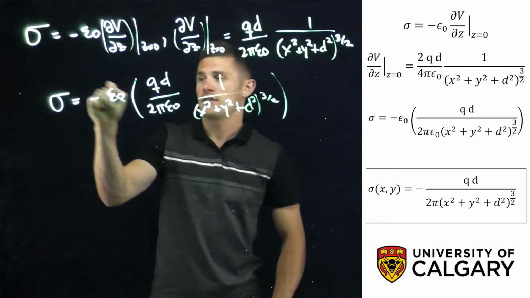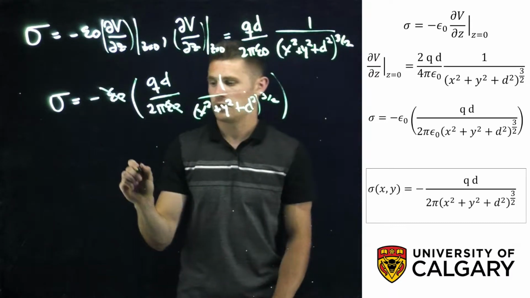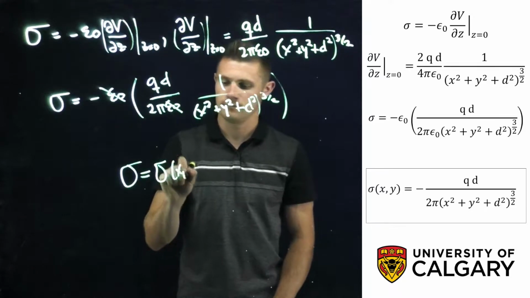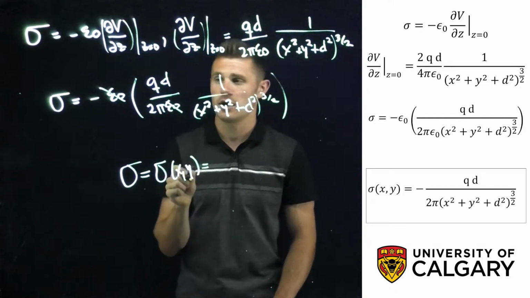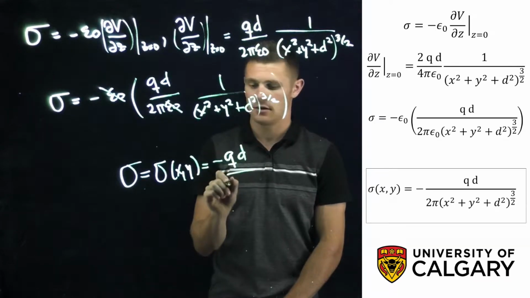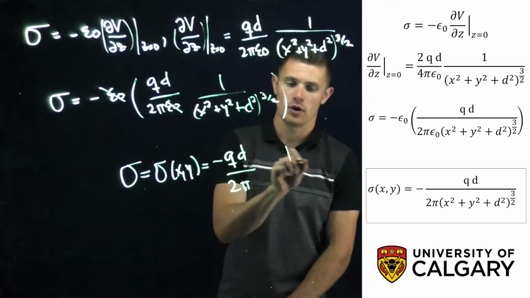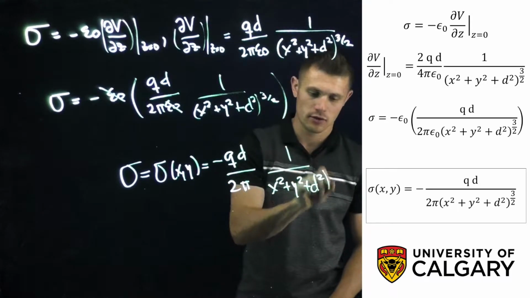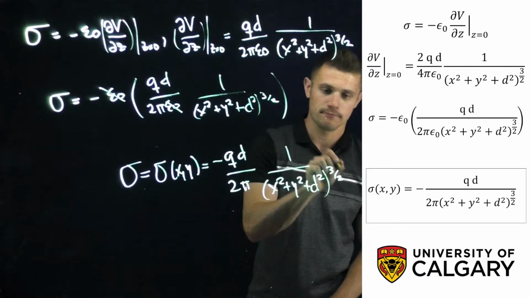And we can see right away that these two epsilon naughts will cancel, and we'll end up with our final charge distribution in the xy plane. So sigma as a function of x and y is equal to minus Qd over 2 pi, times 1 over (x squared plus y squared plus d squared) to the power of 3/2.